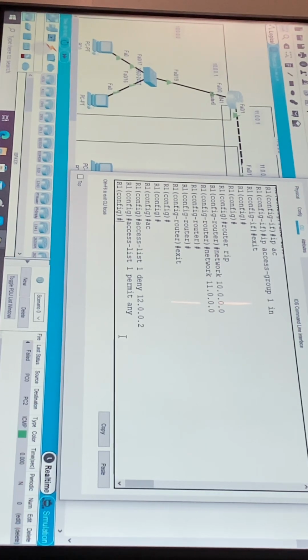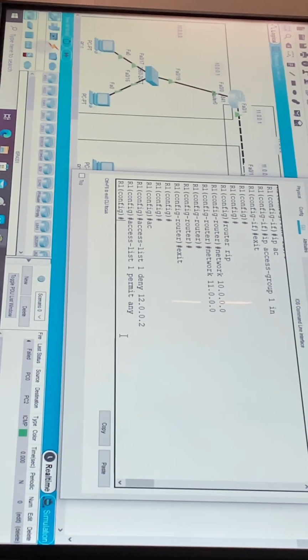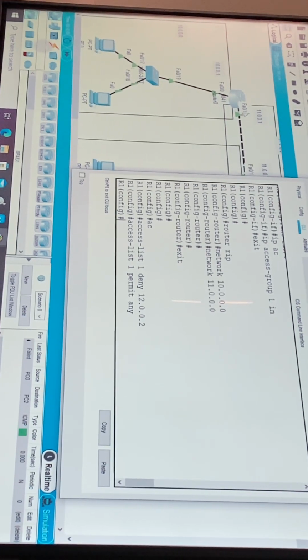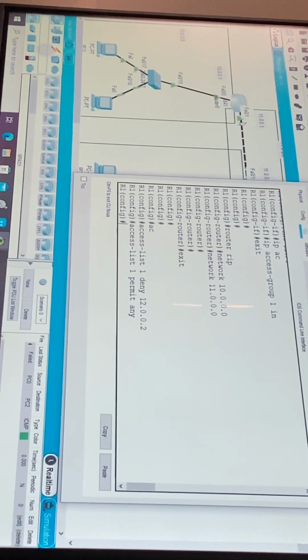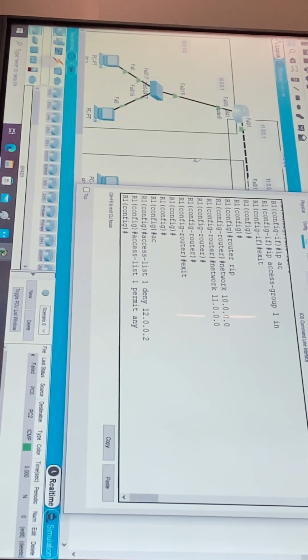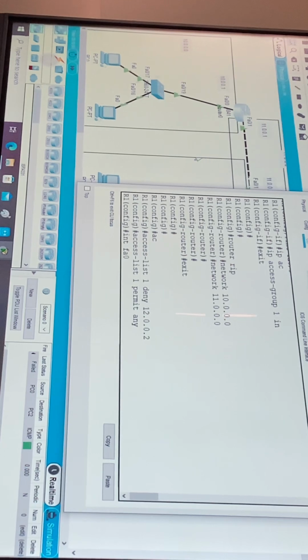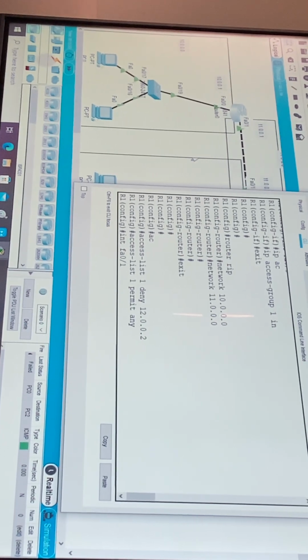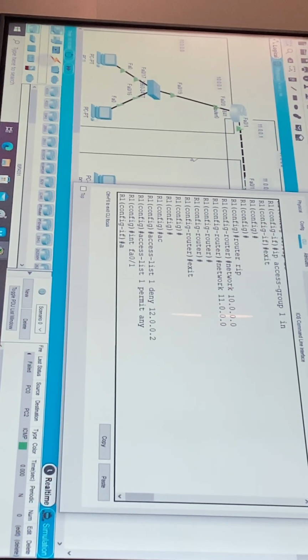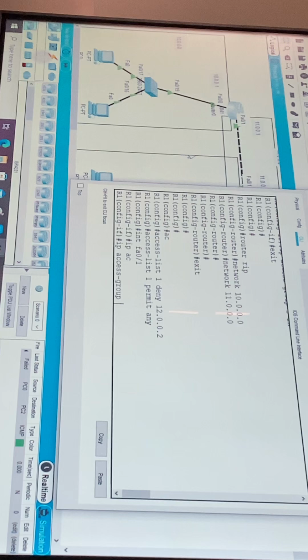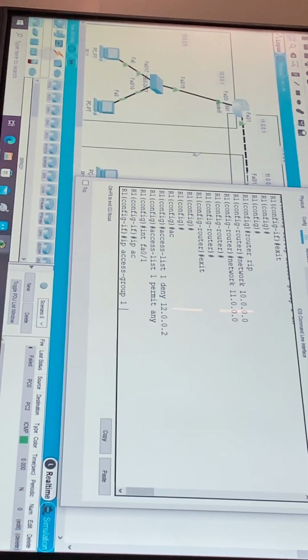See, deny then allow. Now I will apply it on the other interface. Interface FA0/0, no, 0/1. ip access-group 1, in or out?